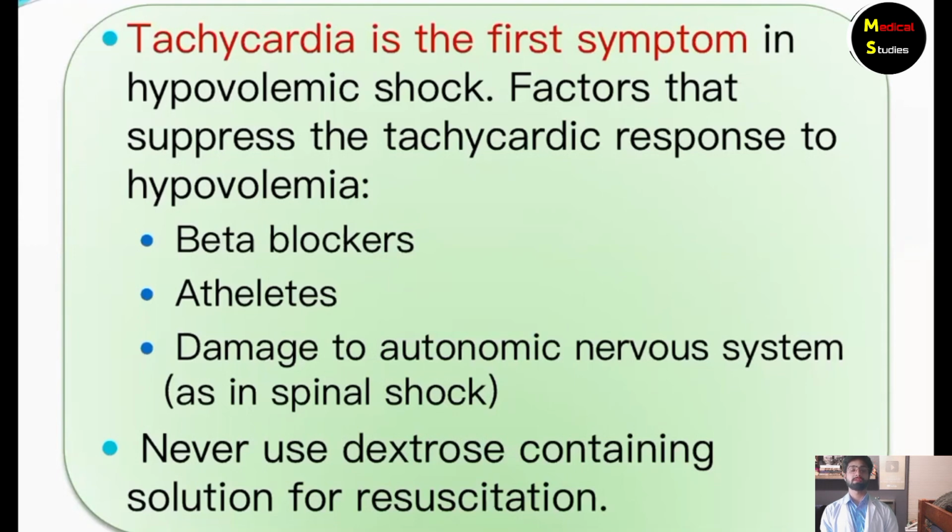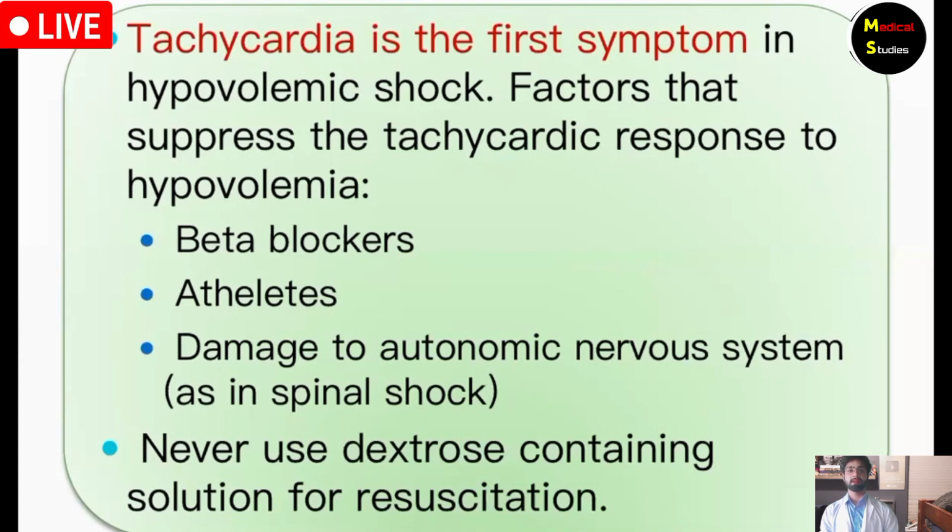That's why they are usually bradycardic. So in them, probably the tachycardia would not be there. Another one is in case of spinal shock or neurogenic shock, or damage of the sympathetic neurons or spinal cord, there would be bradycardia.